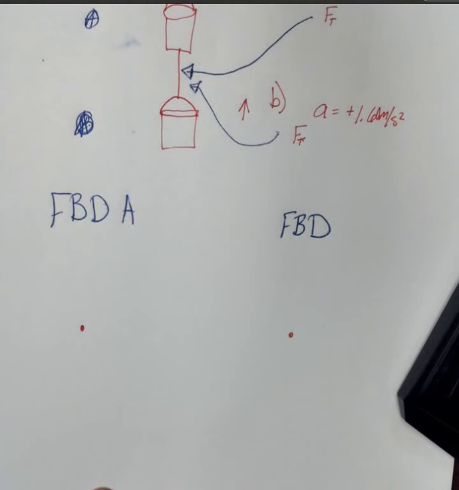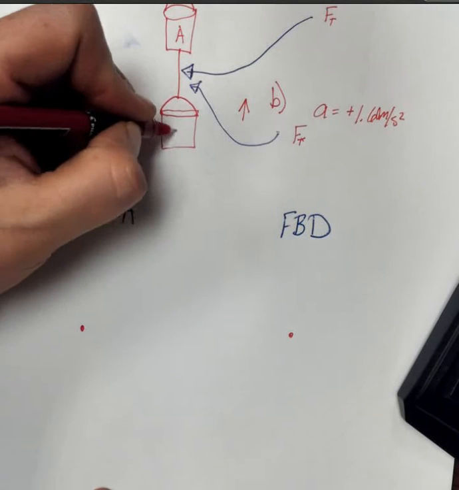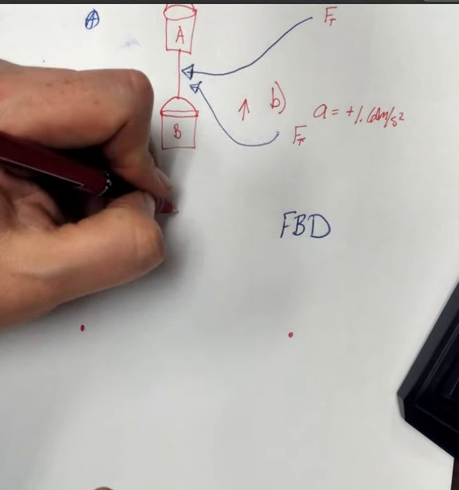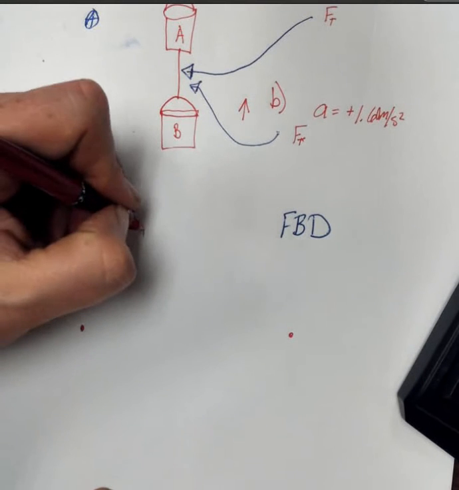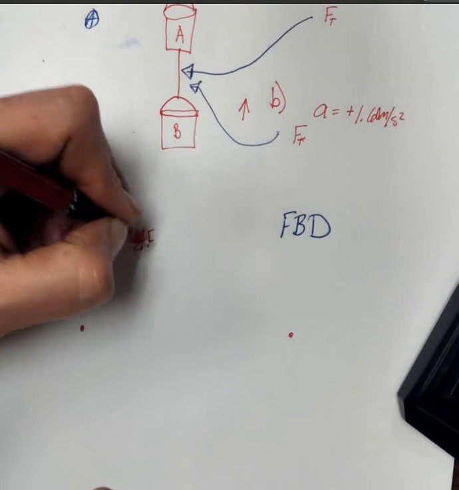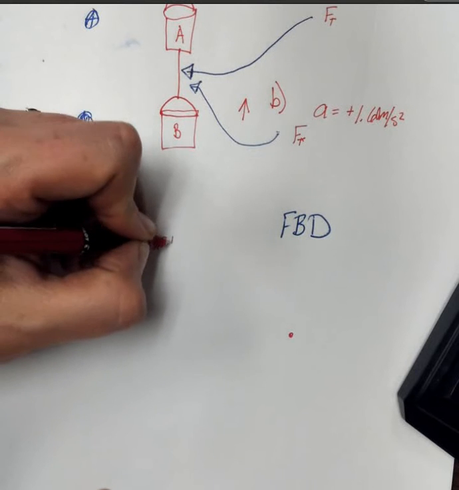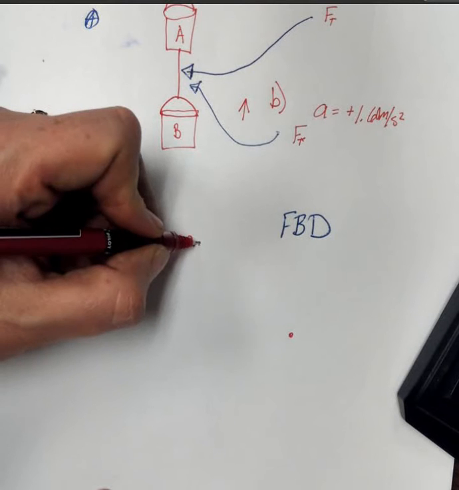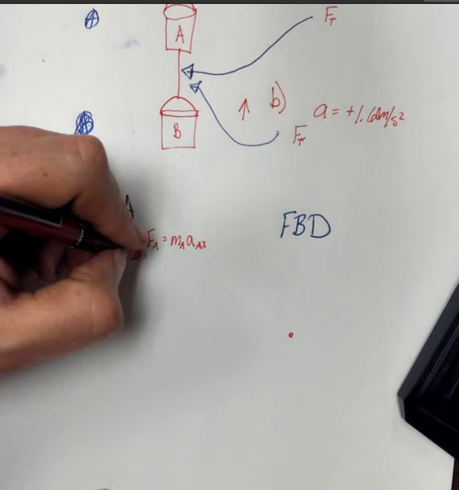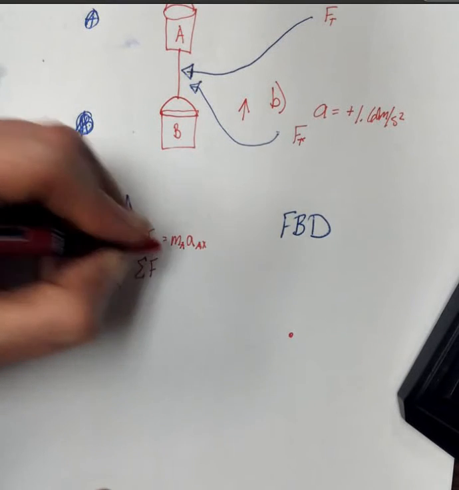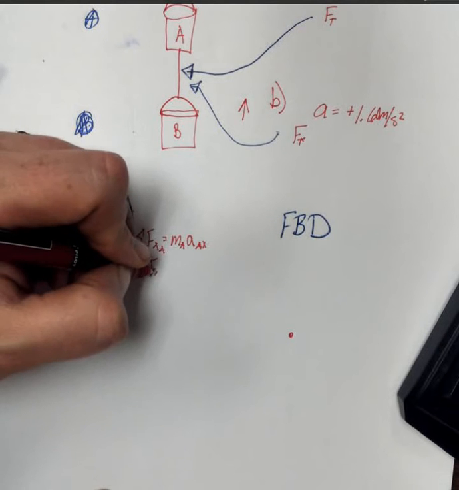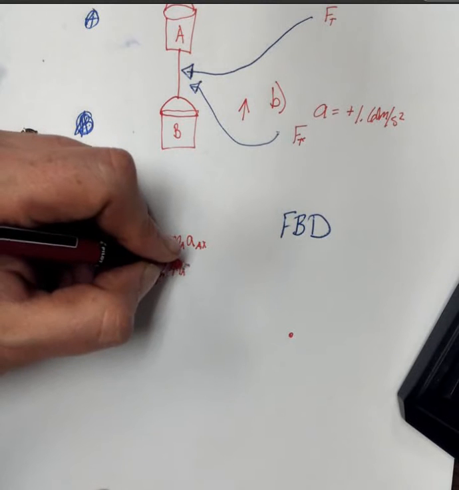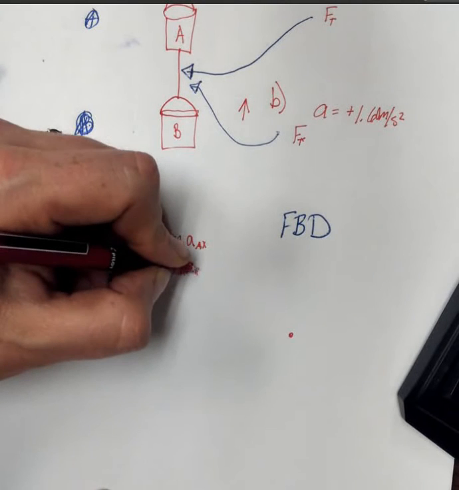For bucket A, the sum of forces in the x direction would equal the mass of bucket A times the acceleration of bucket A in the x direction, and the sum of all forces on bucket A in the y direction would be the mass of bucket A times the acceleration of bucket A in the y direction.